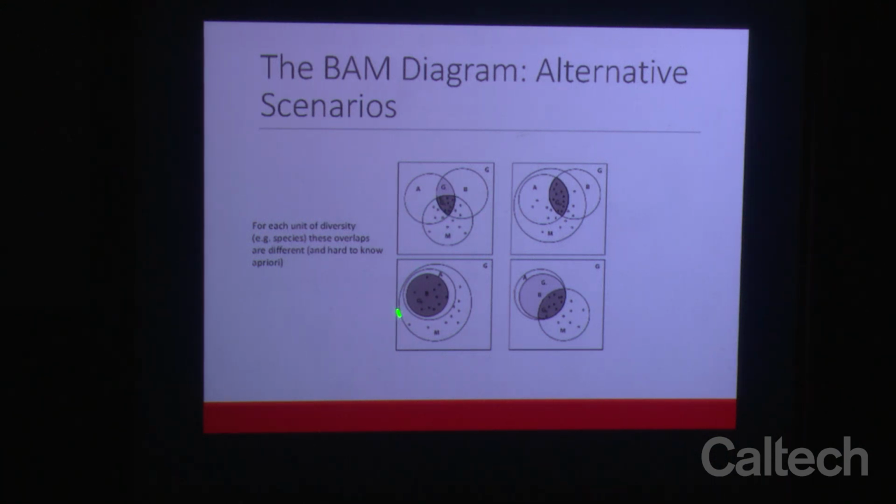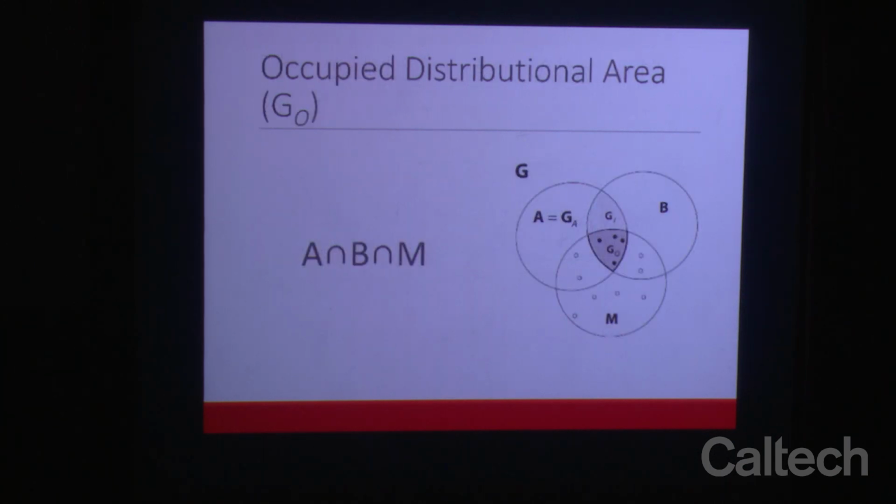And in other cases, we may have a wide-ranging species with relatively broad abiotic characteristics and biotic interactions. That means this is a very different shape of what we consider to be the occupied distribution of a taxon. And those really matter when you're trying to do species distribution or ecological niche modeling.